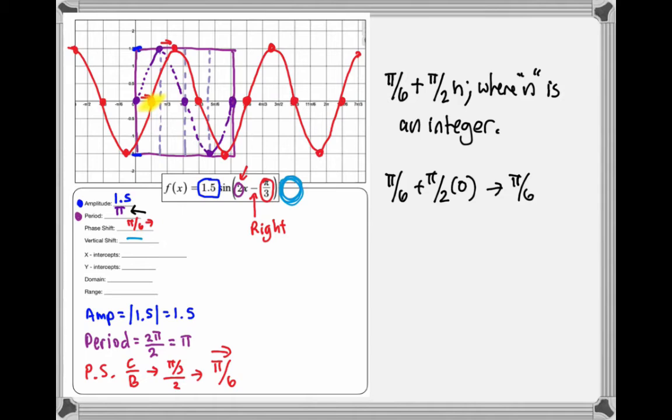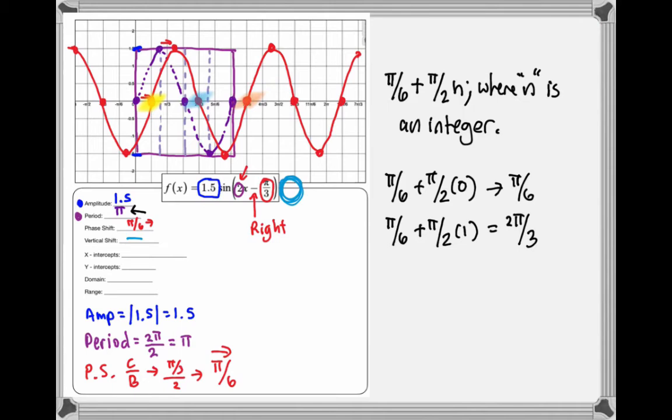Now, the second highlight, which I'm going to do here in blue, is that I want to skip to the next x-intercept, and that's going to be pi over 6 plus half of the period. So that next integer is going to be 1, and when I add these together, it looks like I'm going to get 2/3 pi.